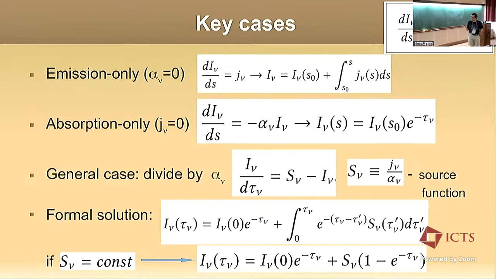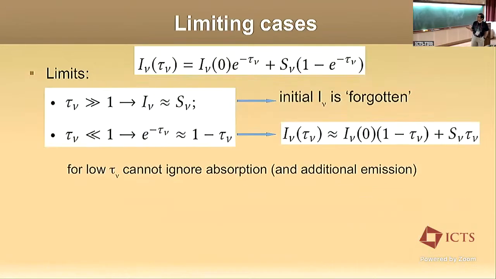So now you can have some specific cases of this, specific limits. If you have high optical depth, what happens? Well, for high optical depth, this exponential is 0, or very small anyway. This exponential is, well, just as 0 as the other one. And you have that the intensity is the source function.